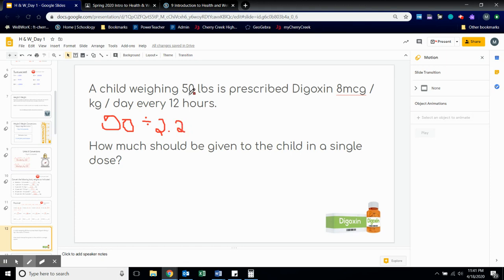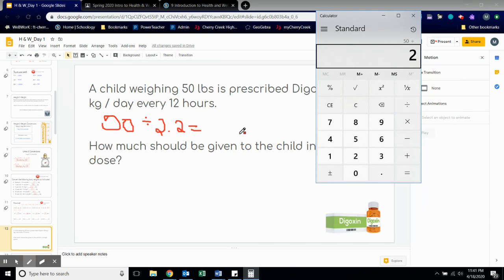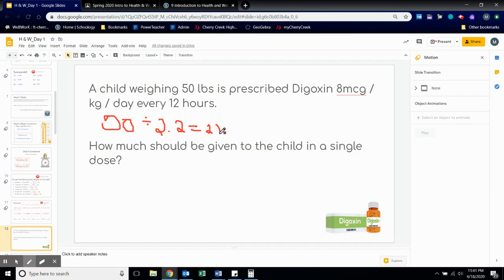Remember, if I'm going from pounds to kilograms, I divide. Here's my first part. 50 divided by 2.2. Okay, so they're 22.7 kilogram child. Okay, they're going to take 8 micrograms per every 1 kilogram per day. 8 micrograms for every kilogram they weigh, and they weigh 22.7 kilograms.